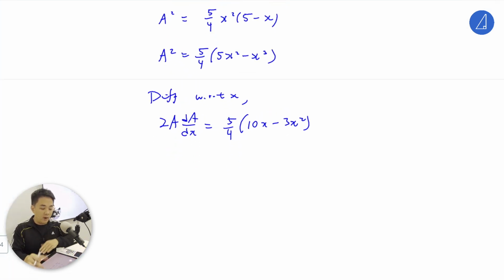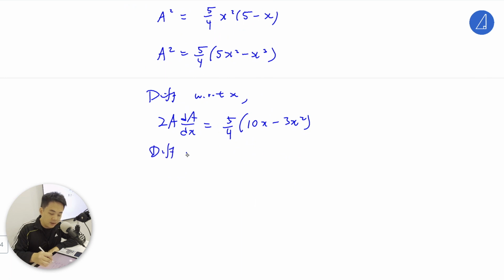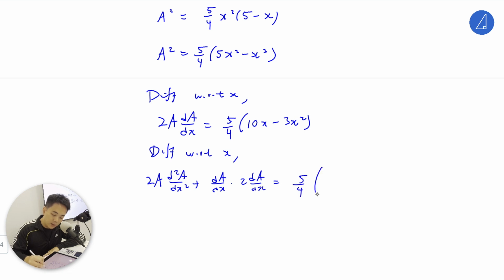So you can differentiate once more because you want a second derivative later to show that it's a maximum. So 5 over 4, later I label for you.